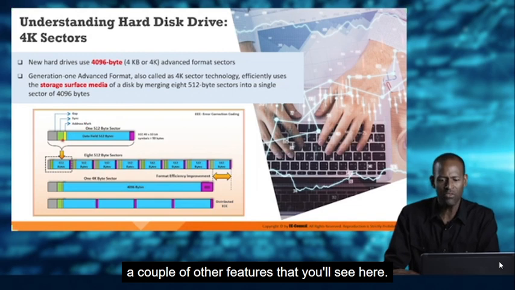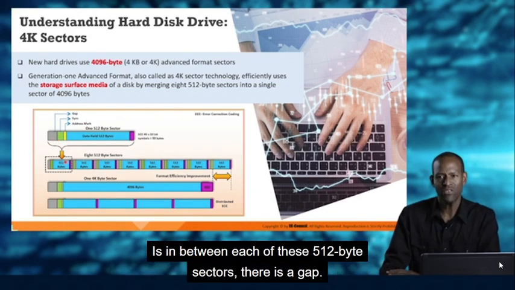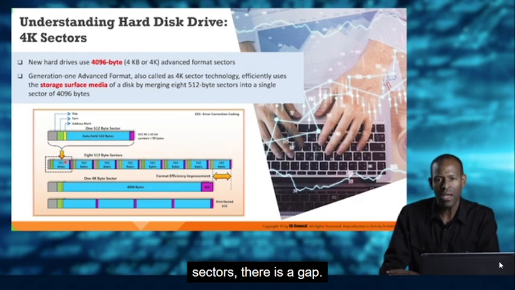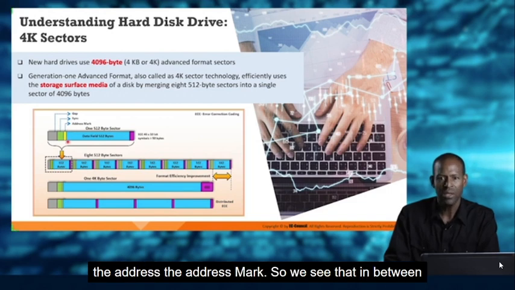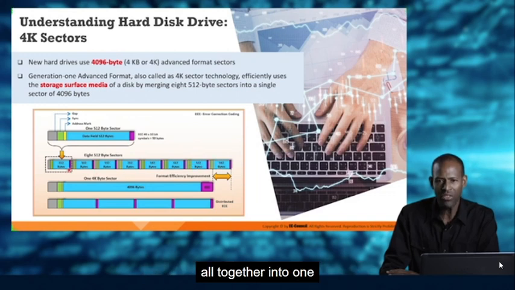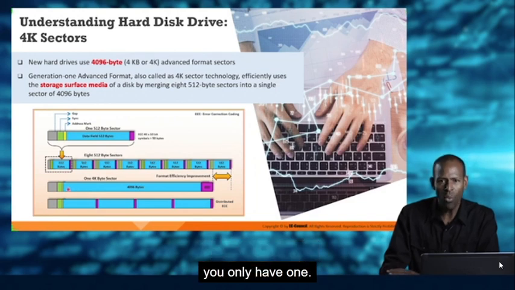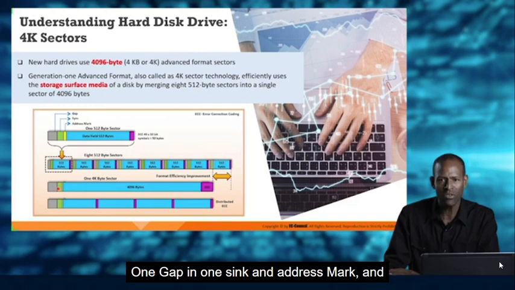And a couple of other features that you'll see here is in between each of these 512 byte sectors, there's a gap, there's a sync stripe, and then there's the address mark. So we see that in between. Look at all of that. That is wasted space. When you merge that all together into one 4K sector, you only have one gap and one sync and address mark.